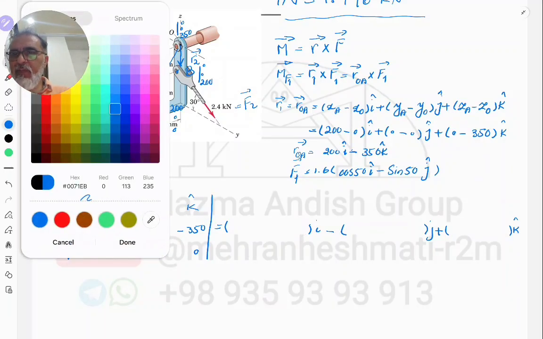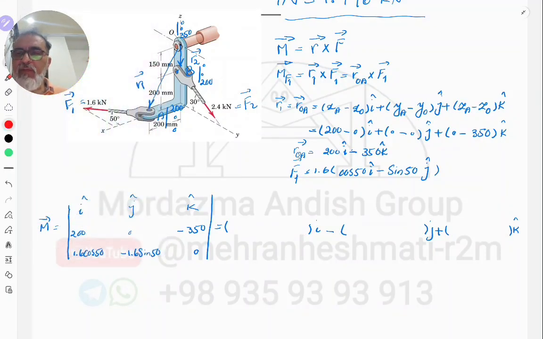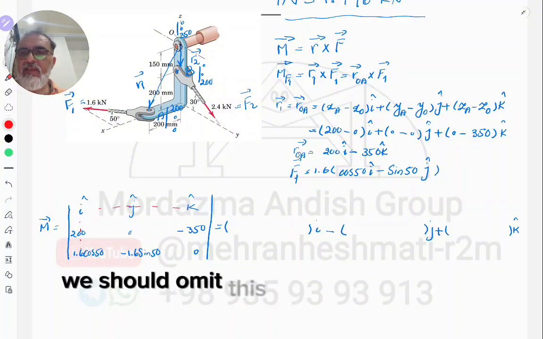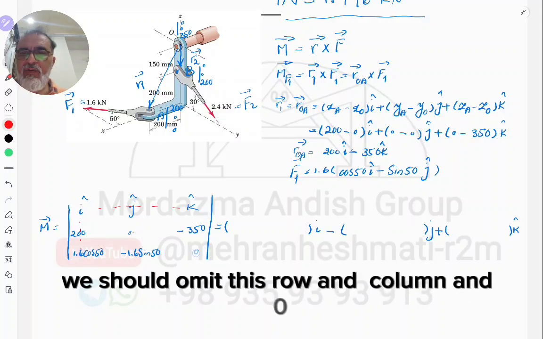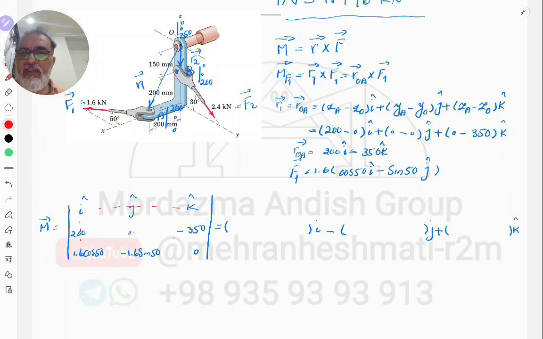So to find the coefficient of i, we should omit this row and column, and 0 multiply 0 minus this item multiply this item, means 0 minus 350 times 1.6 sine of 50.